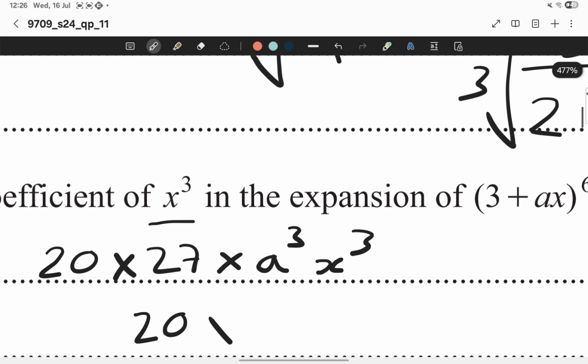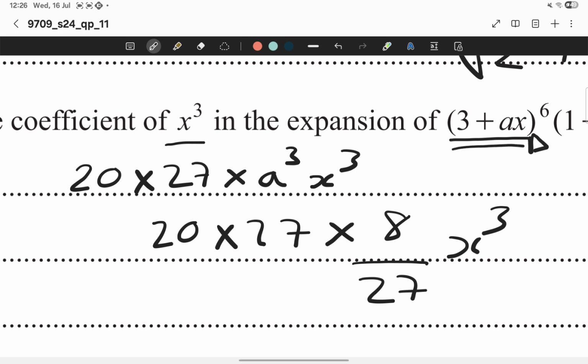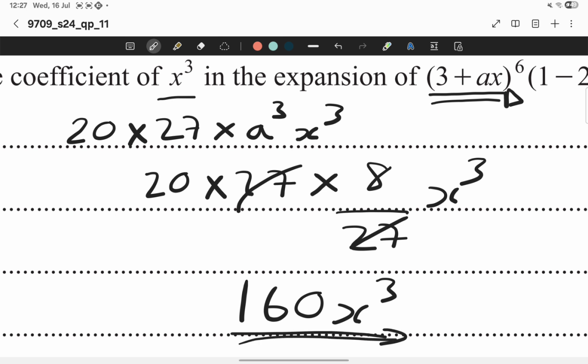So 20 times 27 times 8 over 27 x to the power 3, right? That's the term for this first bracket, which is x to the power 3, right? Crossing out that, we get 160 x to the power 3. That's our term in x to the power 3 for this.